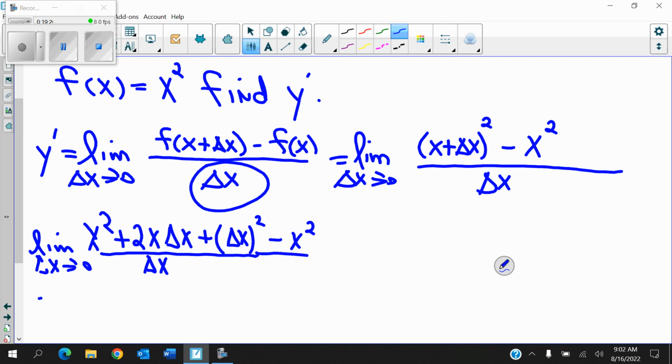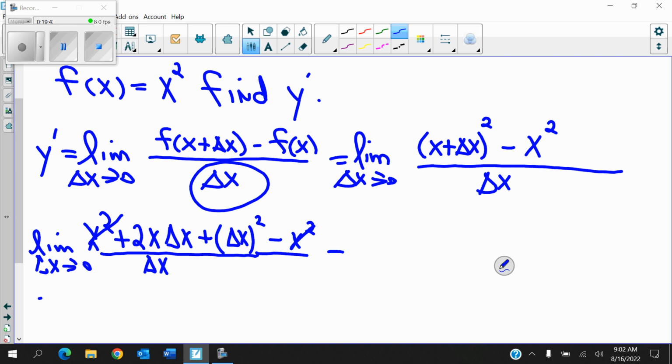Because I saw the delta x wasn't going to cancel. As soon as I saw that, I knew there's something awry. As Shakespeare would say, there's something rotten in math land. Does it work? Bingo.